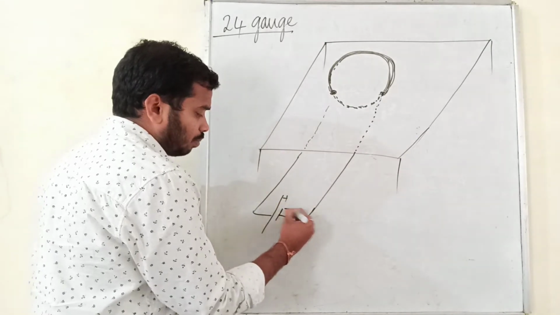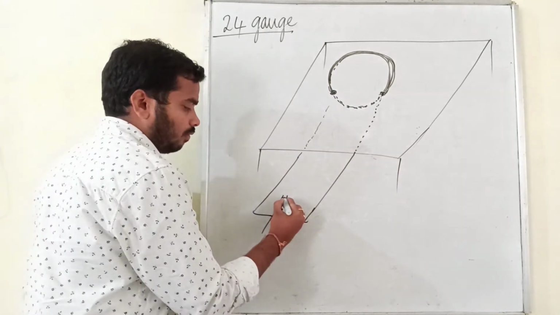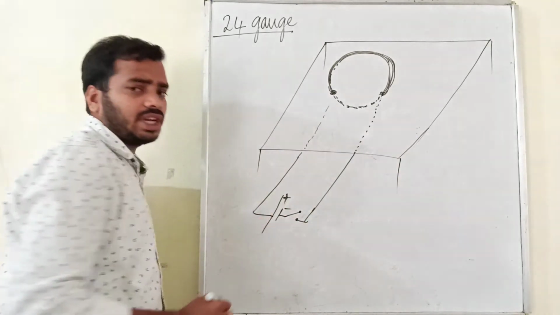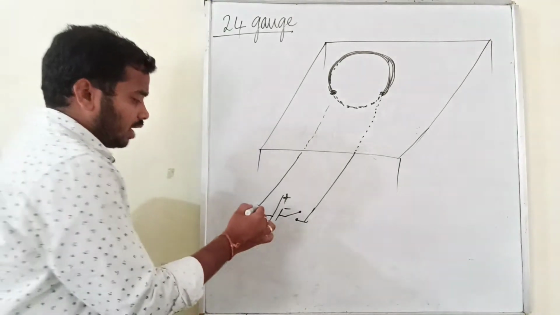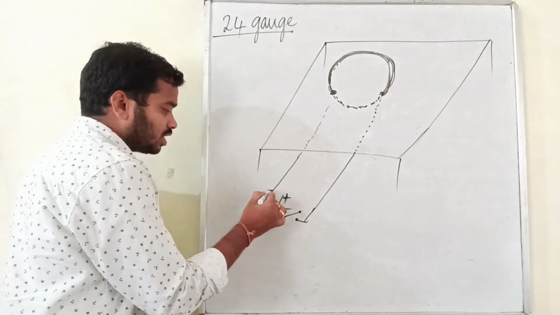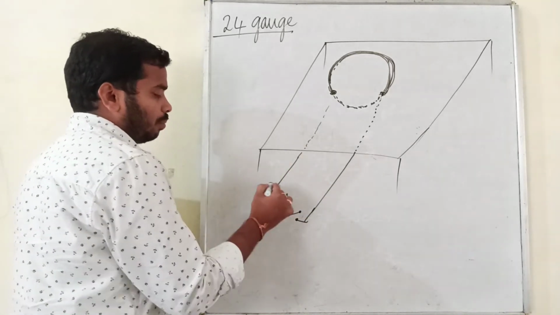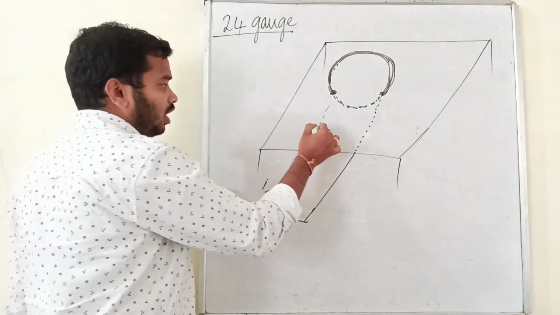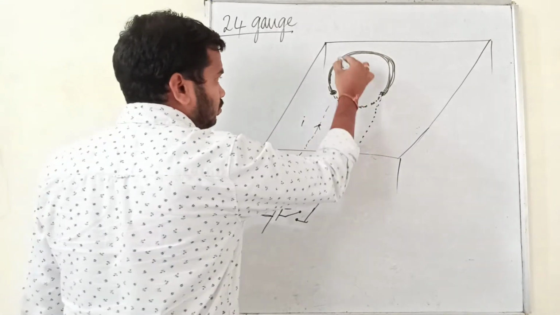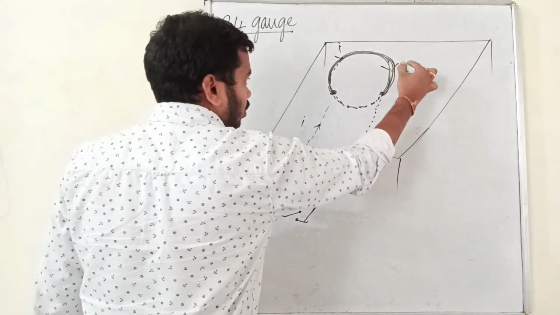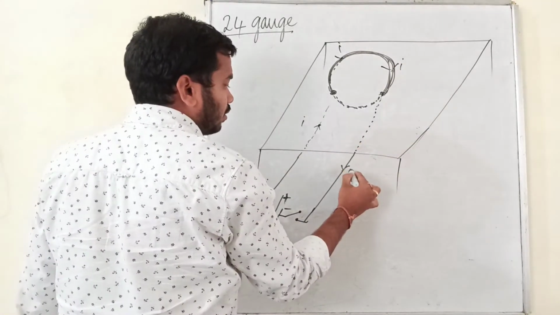This is the positive terminal of the battery, this is the negative terminal. The current starts flowing from the positive terminal to the negative terminal when you switch on the battery. This would be the direction of the electric current when you switch on the battery.